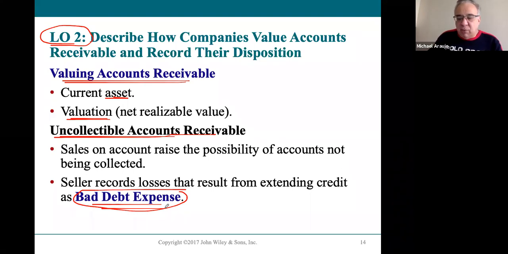We let some of our customers buy merchandise on account and they can't pay us on time. And even though we kept asking, they still can't pay. So what do we do? We still have this money in our accounts receivable, right? Should it be there? No, of course not. Shouldn't be there. How do you take care of it? Well, we're going to learn how to do a bad debt.